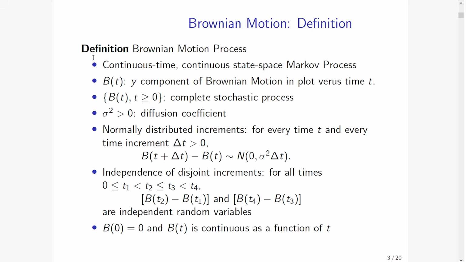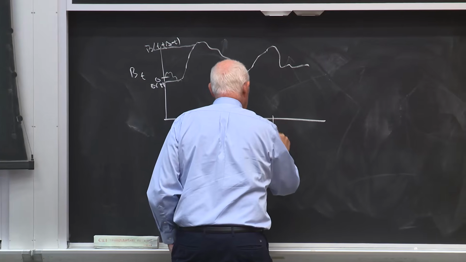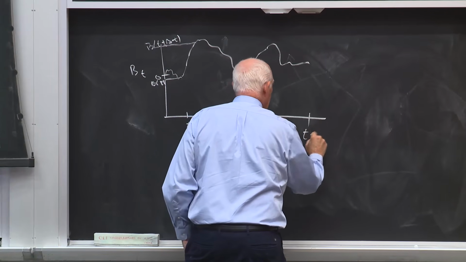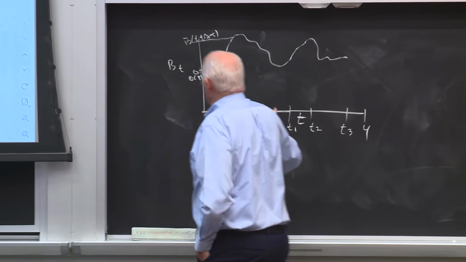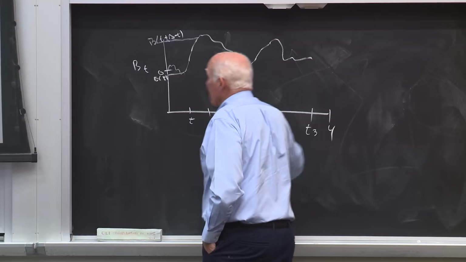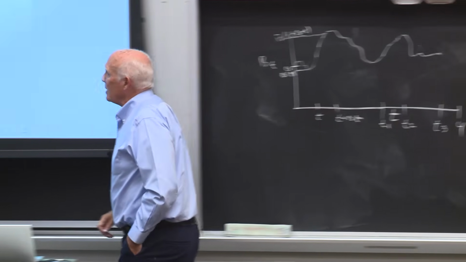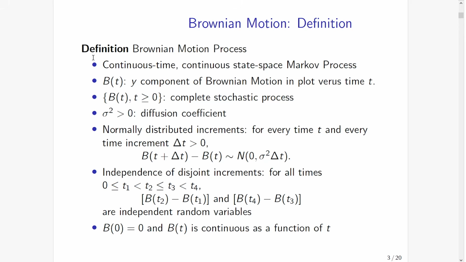So if we have different time points, like t1, t2, and then t3, t4, if these increments are separate or disjoint from each other, then the change from t1 to t2 and the change from t3 to t4 will be independent random variables.